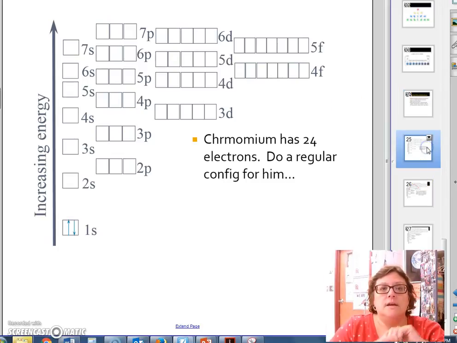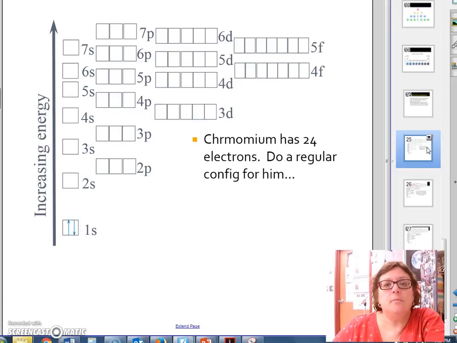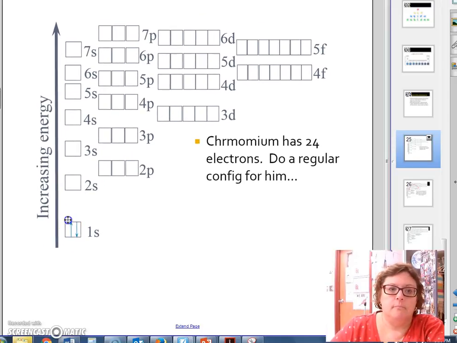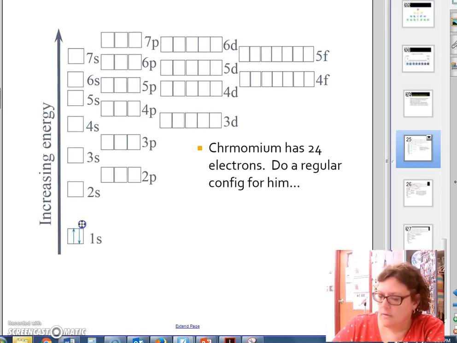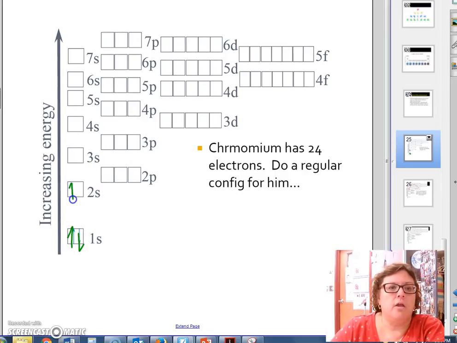Take chromium, for instance. Chromium has 24 electrons. So if I put its electrons in, 1, 2, 3, 4, 5, 6, 7, 8, 9, 10, 11, 12, 13, 14, 15, 16, 17, 18, 19, 20.